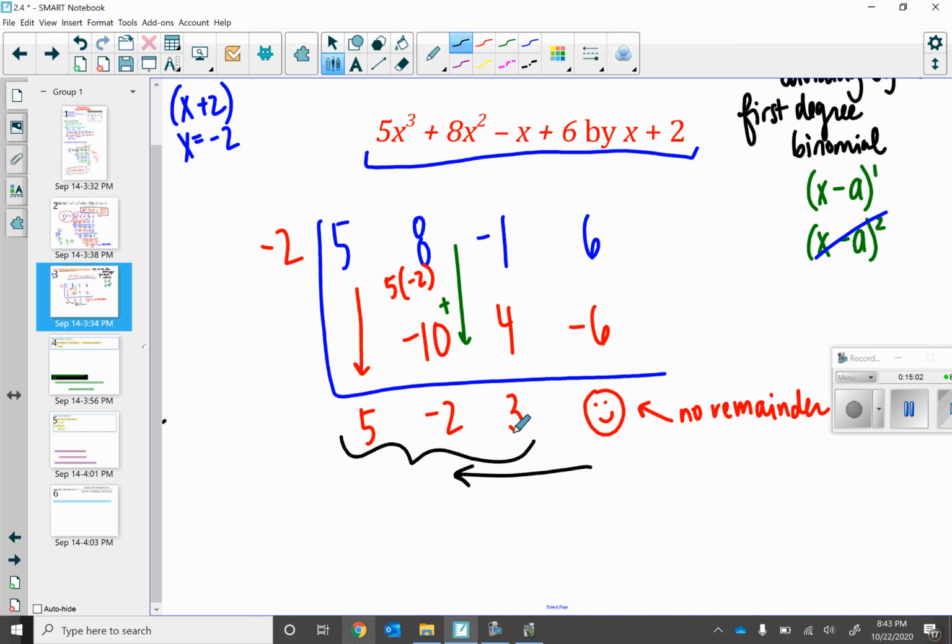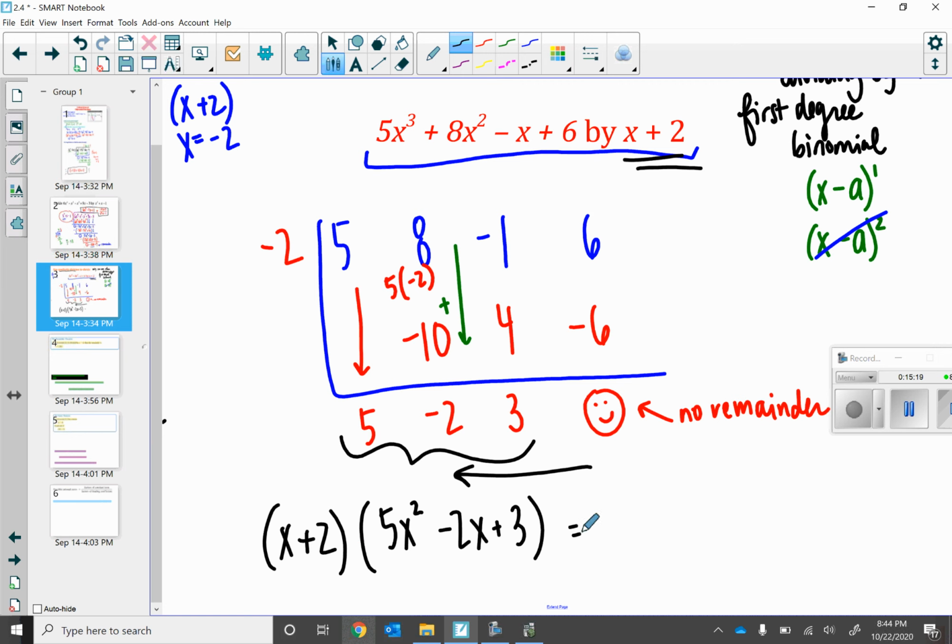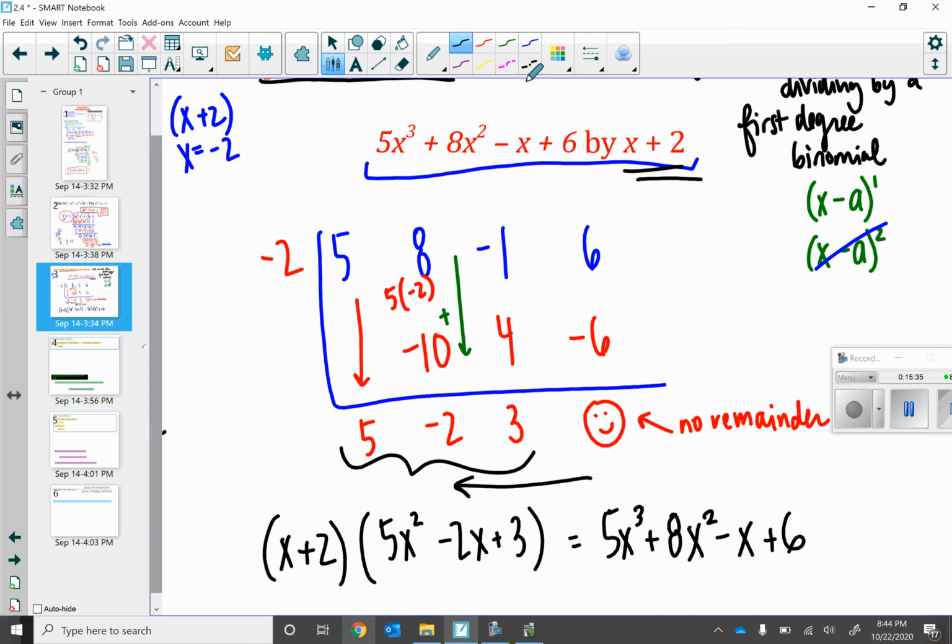So this first value will have no x, this one will have 1x, and this first one is x squared. We still have our factor from above, x plus 2. And when we multiply these things together, it is going to be the 5x cubed plus 8x squared minus x plus 6. And we did our division. That's really it.